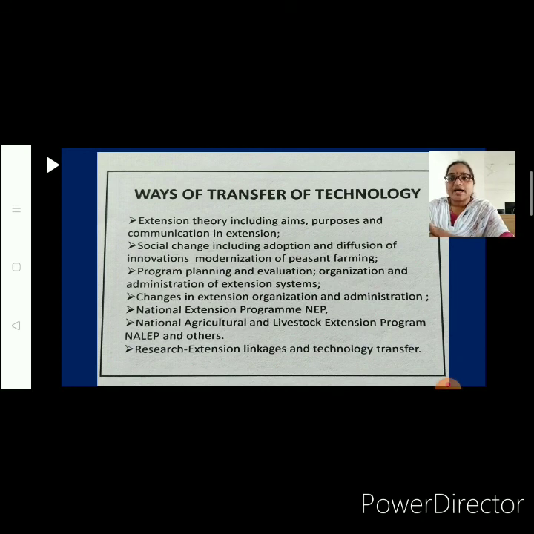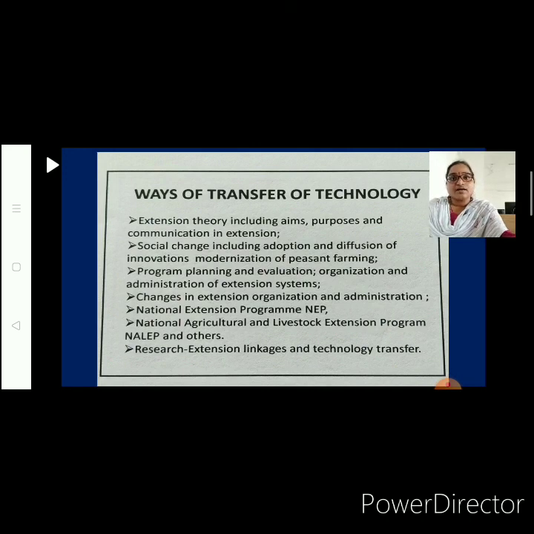Next, the planning of the program and evaluation of the program always help the transfer of technology. At the time of planning and organization, we have to plan as per the recommendations, interests and needs of the farmers, but evaluation of the program must be done by a third party. How is it helpful to us?